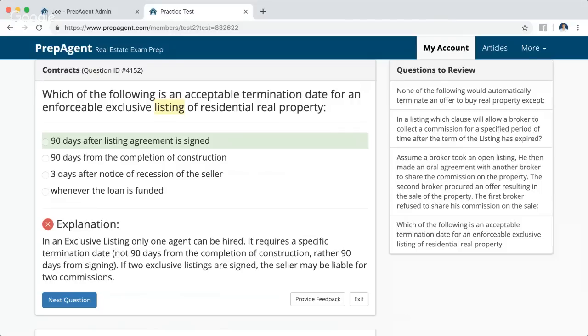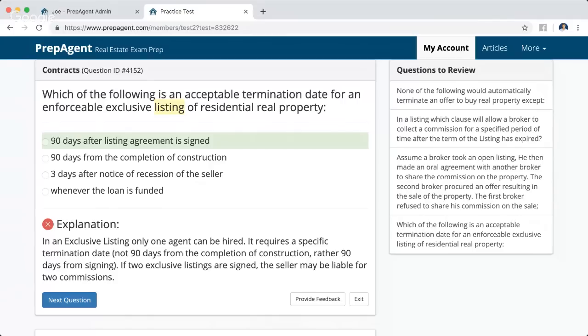Now, what is the difference between an exclusive listing and an open listing? So one broker versus multiple brokers.